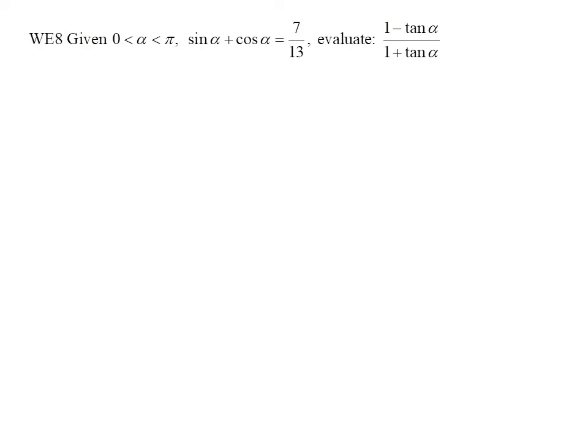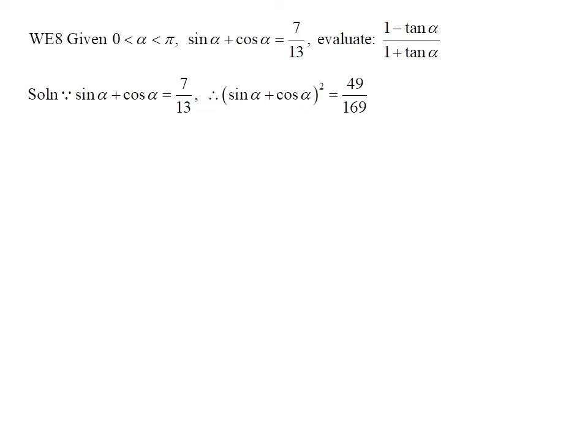After careful observation of the expression in terms of the tangent function, we find that if we multiply cosine alpha on both numerator and denominator, it becomes (cosine alpha minus sine alpha) over (cosine alpha plus sine alpha). So, we need to find the values of both sine alpha minus cosine alpha and cosine alpha plus sine alpha first. Now, let's start to work on that.